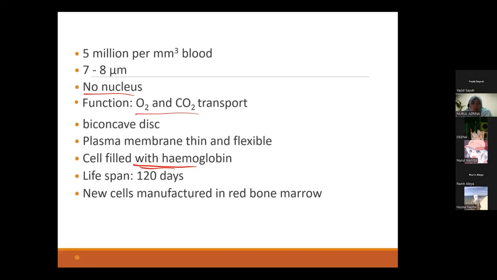The plasma membrane is very thin and flexible, so it is good for diffusion of gases. The lifespan of a red blood cell is 120 days, about 4 months. That's why we are encouraged to donate our blood every 4 to 6 months. This is where our blood will be replenished. The new red blood cells are manufactured in the red bone marrow.